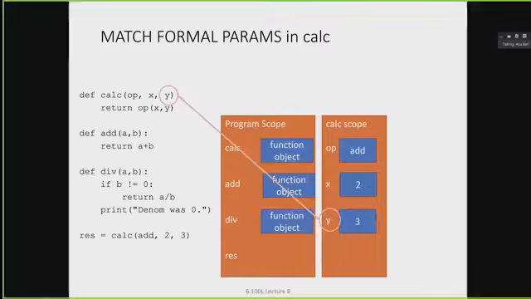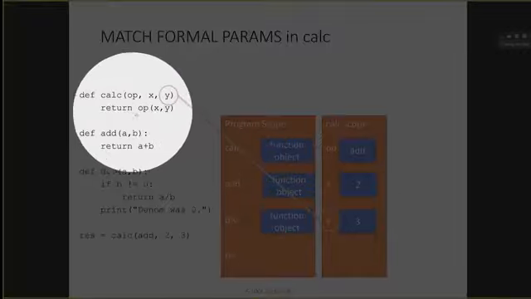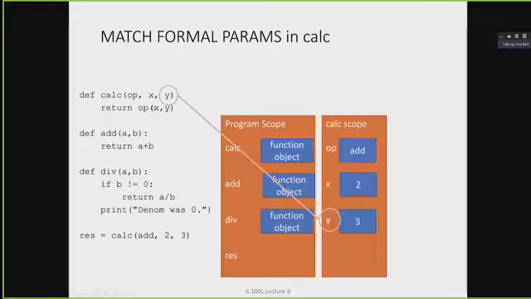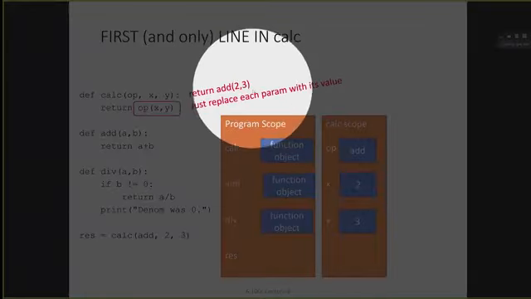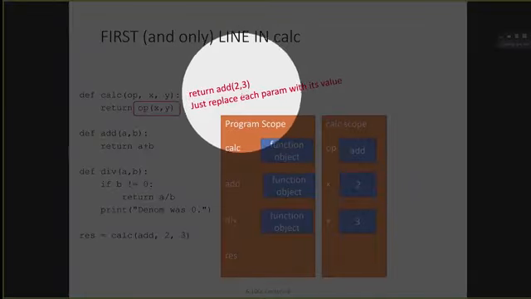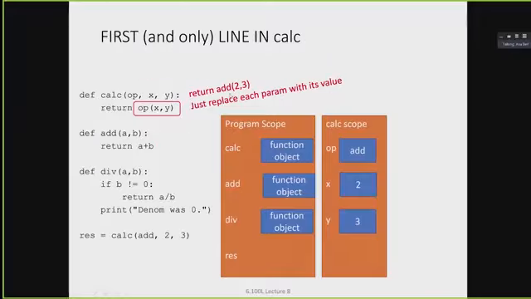Okay, I've literally just matched names of formal parameter to actual parameter. Okay, so now we finished mapping the parameters. Next, we get to run the body of the function. Return, what is this? Let's replace op, x and y with the actual values. This basically becomes return a function call, add 2, 3. I've just replaced the names. That's it. What's add 2, 3?